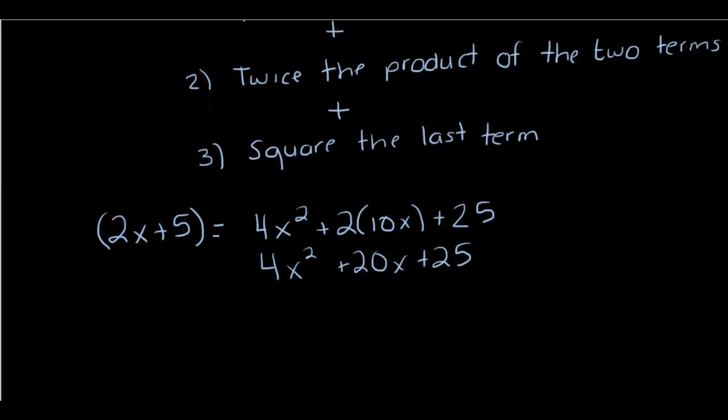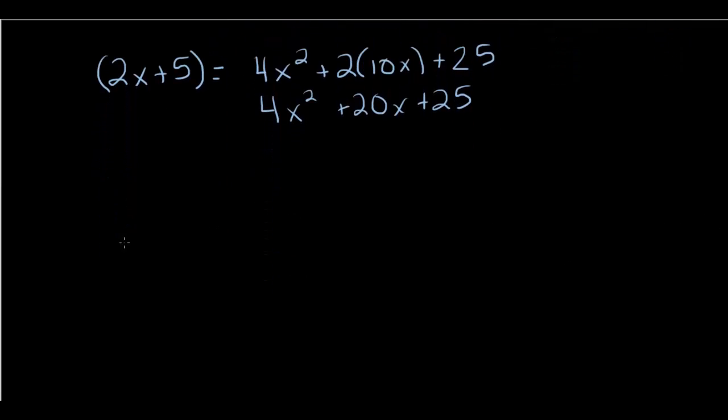Now, I'm going to write another one, and I want you to pause the video, work on it, and then unpause the video once you are done with it. So go ahead and try x plus 6 squared. Again, pause the video and unpause it once you're done with it.